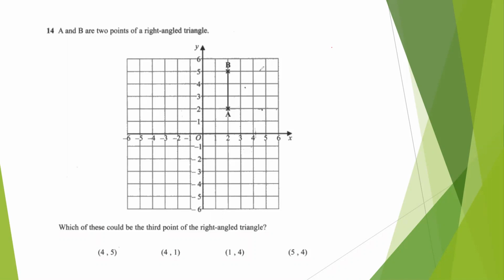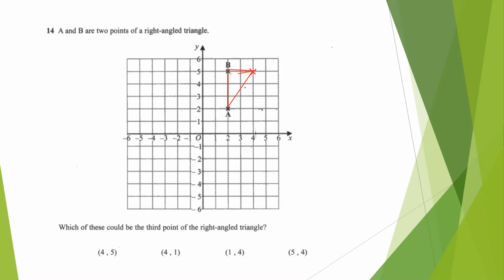I'm just checking 4, 5, right? If I mark it here, yes. What I can see, easily I can find a right-angled triangle, isn't it? Right, like that way I can make it. So therefore, the correct coordinate should be 4, 5. So there I will get a right angle.